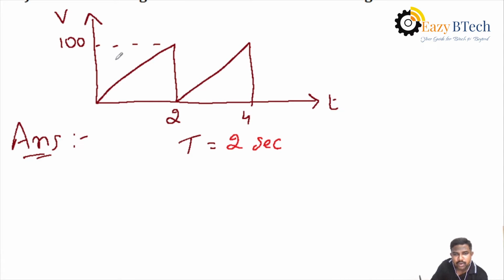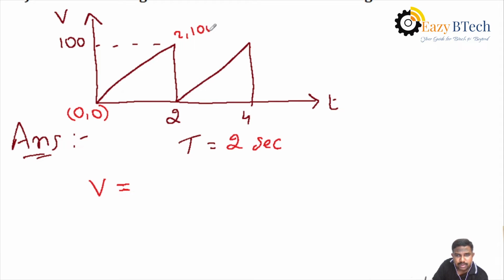Then, before going to the average value, we must find the equation of the function. Here, the given variable is voltage V. In this waveform, it is not a sine waveform, so we can't directly write the equation. It is a straight line, so first you have to verify the points on the straight line.